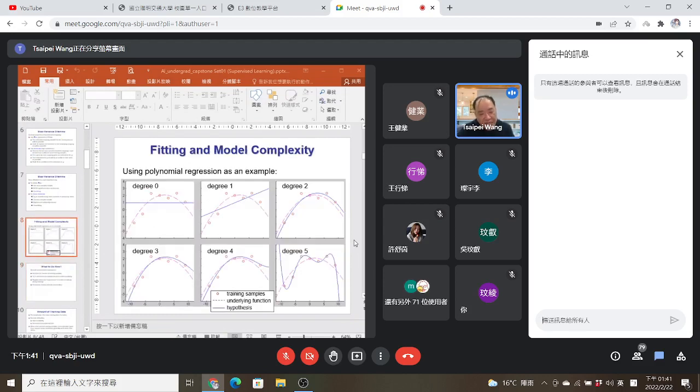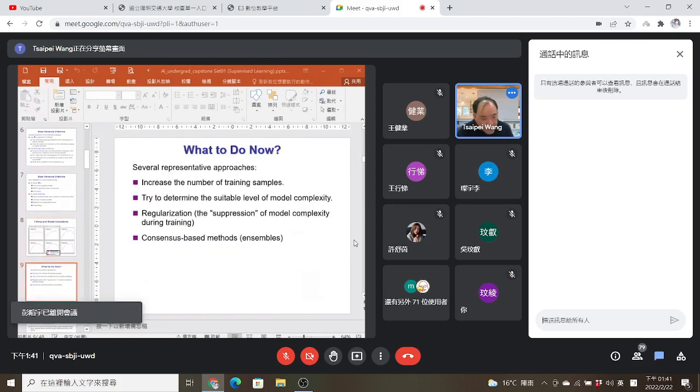So we need to control both, and we want to get the most reasonable one. So what do we do now? Several approaches. Yeah, you can increase the number of training samples, or you can try to determine the suitable level of model complexity.